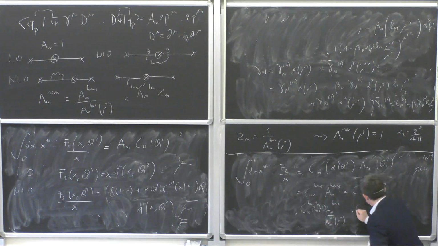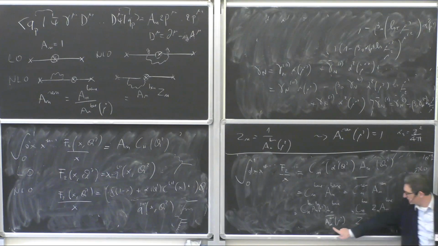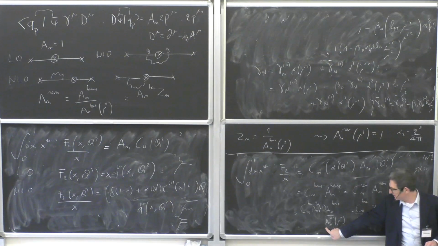And likewise here, I have that this is Cn bare divided by Zn. So you see what I'm saying. When I went from bare to renormalized, I actually multiplied the bare thing by some renormalization constant, which corresponds to dividing out the value of the thing at the scale mu square.